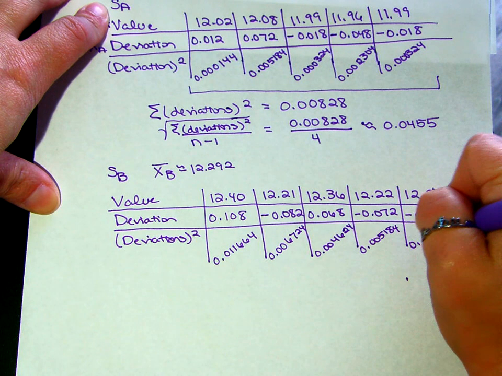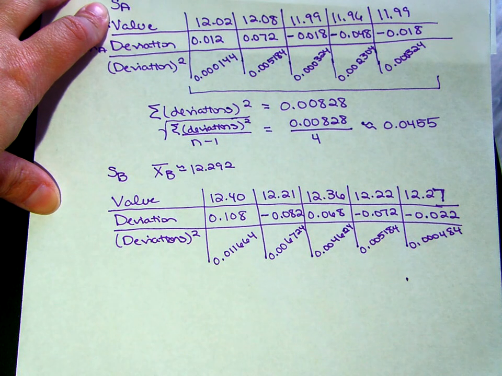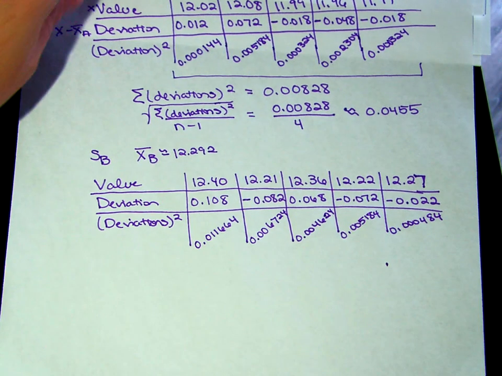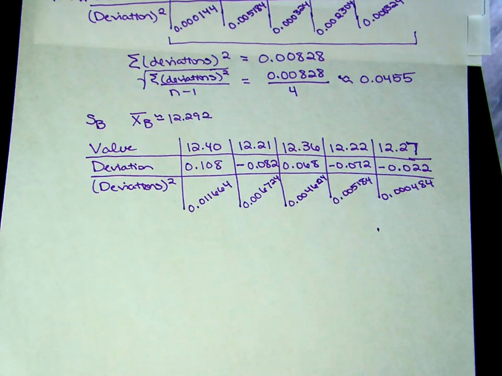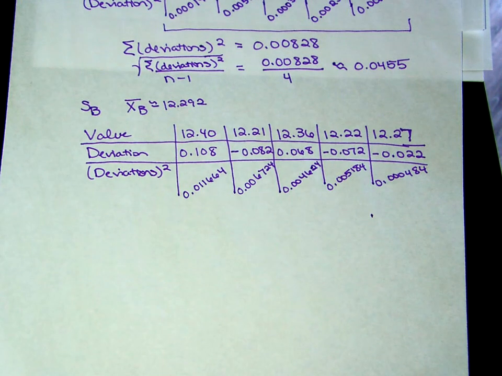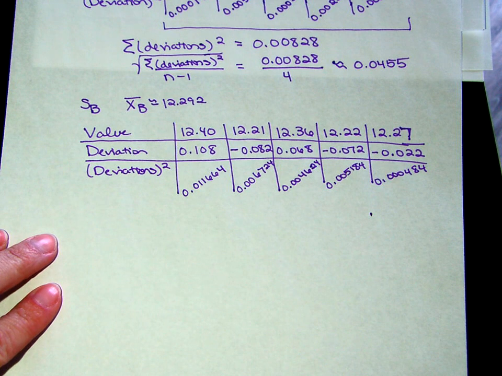All right, we're going to lose A for a minute. Once we've squared all our deviations, we're going to add all of them up.